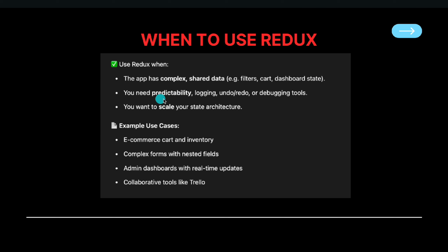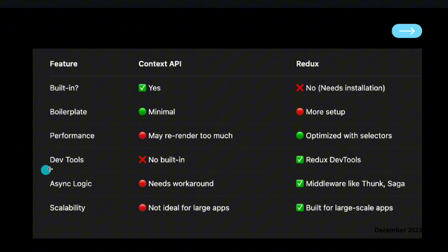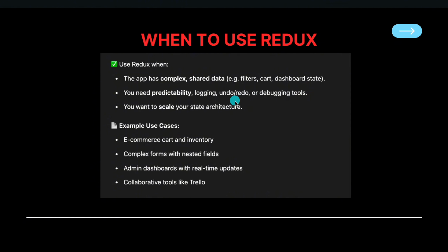You use Redux when you need predictability, logging, undo, redo, or debugging tools. This is basically what we talked about in our dev tools. So we say Redux has a dev tool that will help you to do all of this, when you want to do logging, undo and redo, debugging tools and all of that.